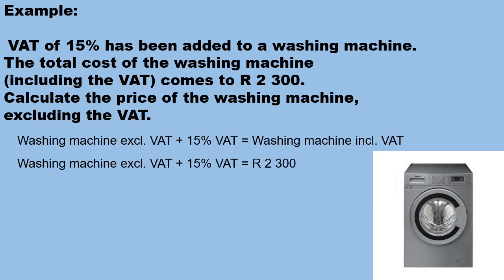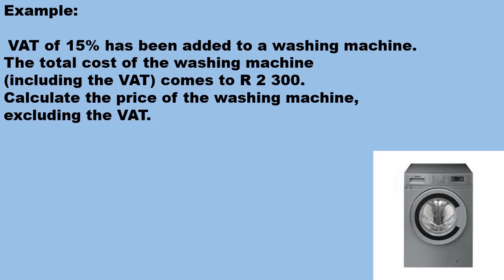What is 15% of that original amount that we don't have, and then added to it to give you the 2,300 Rand? So please don't do that. You cannot do that with a reverse percentage because you are working out the percentage of the wrong amount.